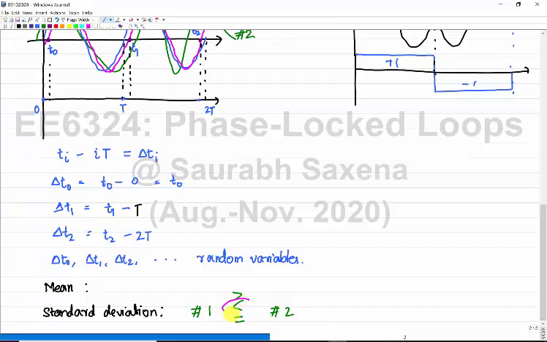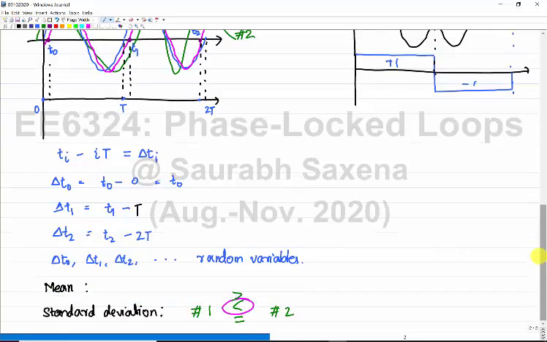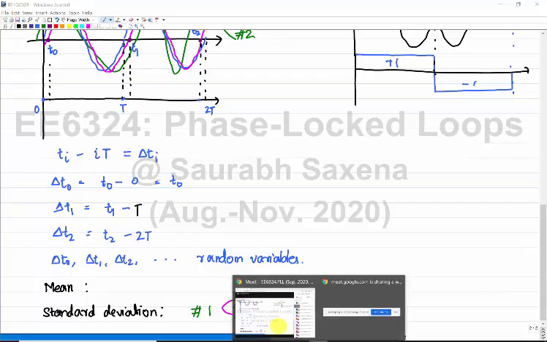What you see is that for the green one, number 2, it is greater than the magenta one, because you see that there is a lot of variation. This is just pictorial, but in reality, you will say that the green one is having a lot of deviation. So which one will you prefer, magenta one or green one? Magenta one. Whichever has a lesser deviation is what you are going to prefer. Why? Because the variation of that clock with respect to an ideal clock is actually lesser.